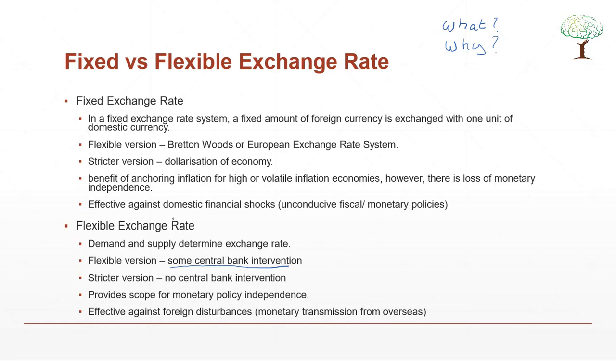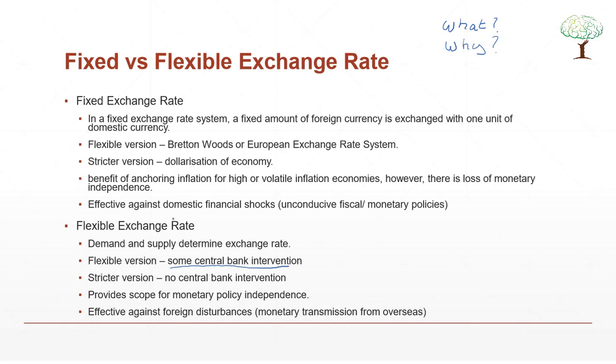So in a fixed exchange rate, if the central bank says I will maintain it at 75 to a dollar, if there are dollars flowing into the economy, it will buy those dollars so that the demand does not exceed the supply.